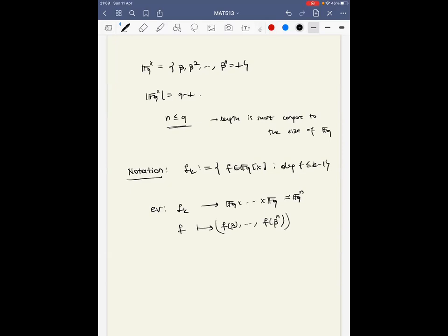So here in this case, the length will be q minus 1. And obviously, the evaluation map is FQ linear.